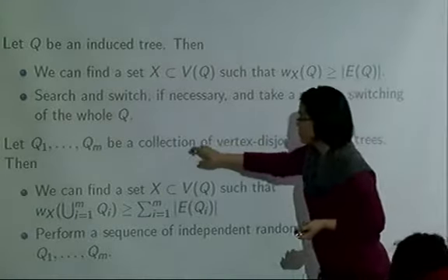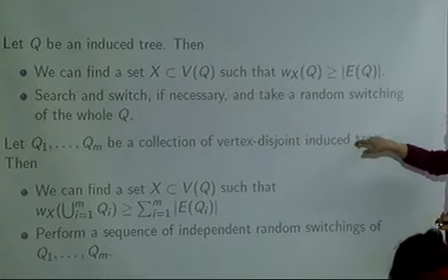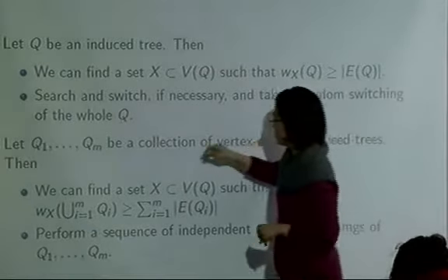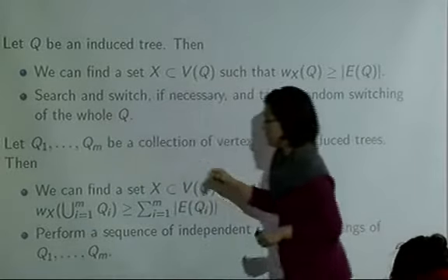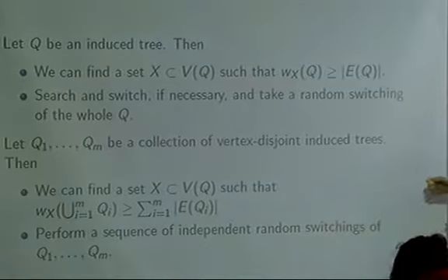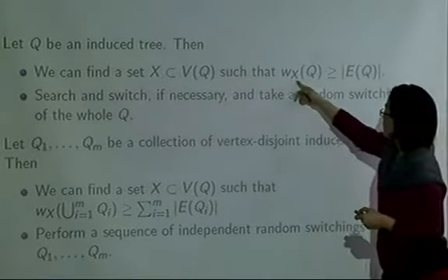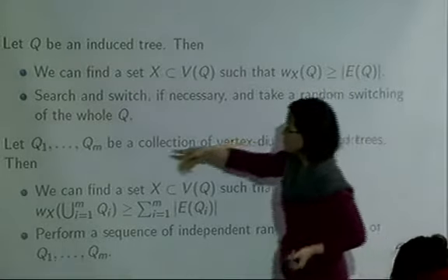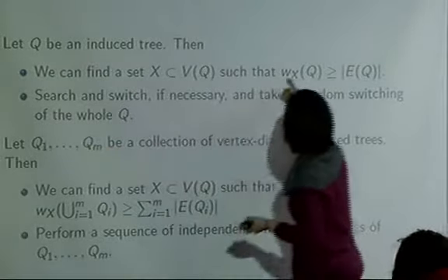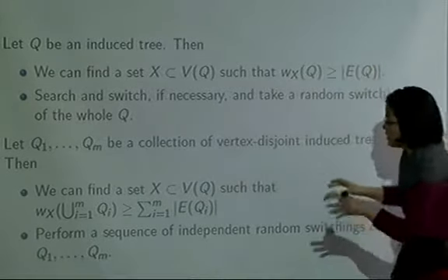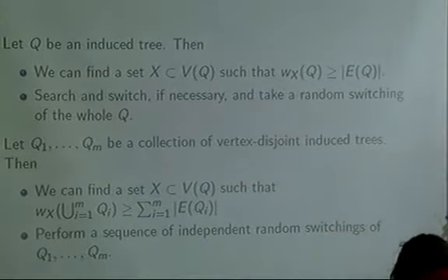And if you have a collection of vertex disjoint induced trees, then you can do the same thing for each of the induced trees. So we can assume that the weight of each of these induced trees is as large as the number of edges in it, and then take an independent random switching.